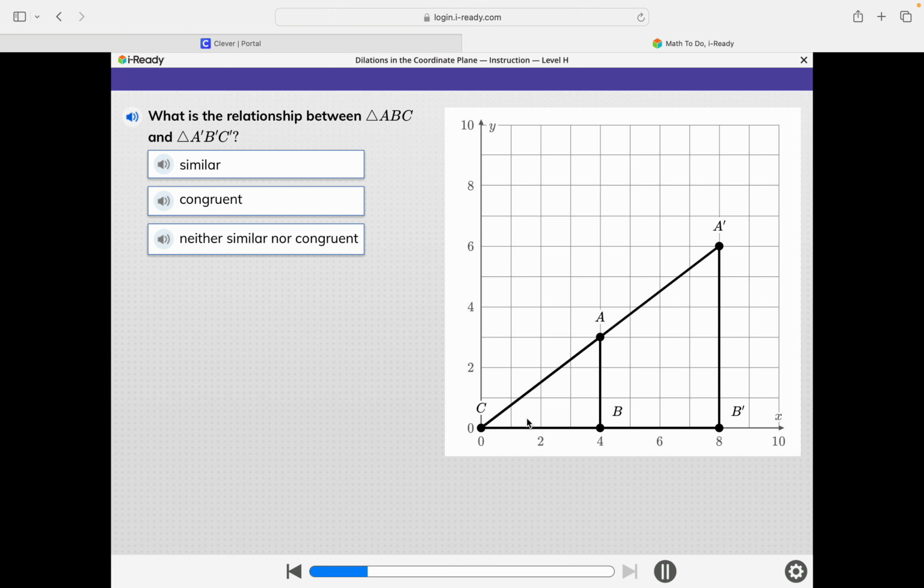So this is the torch, the common point for both the A prime, B prime, C triangle and the ABC triangle.